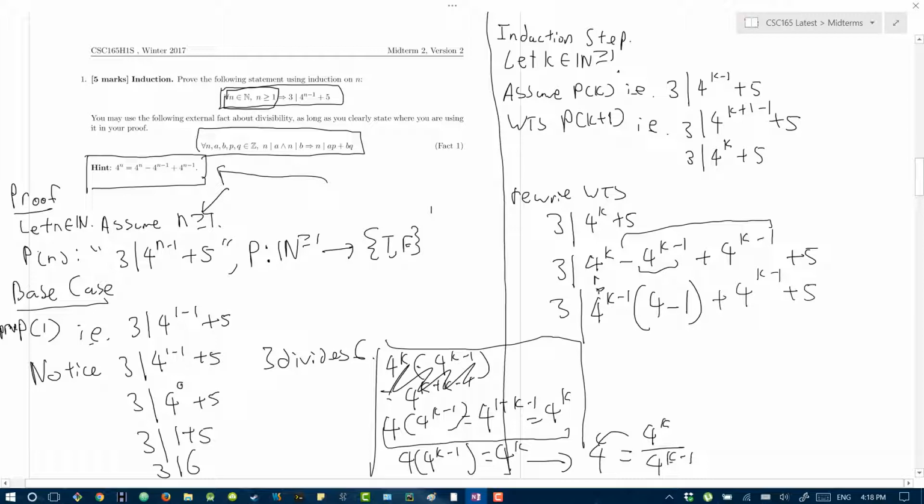There's no other way to really get to this other than practicing specifically these types of questions. Okay, so then this part we know to be able to be divided by 3 because of the IH, because of this. And then this part becomes, so let me rewrite this, (4^(k-1))(3) + 4^(k-1) + 5, right? This part is divisible by 3.